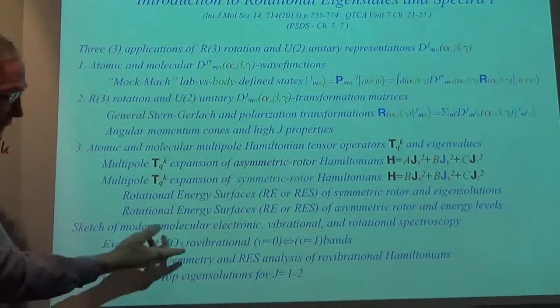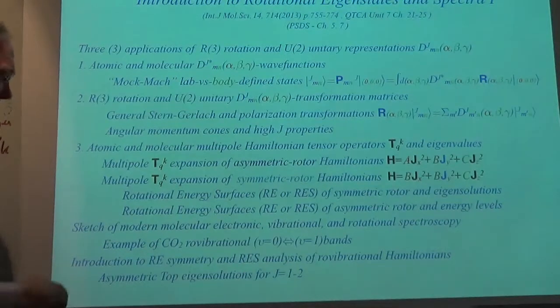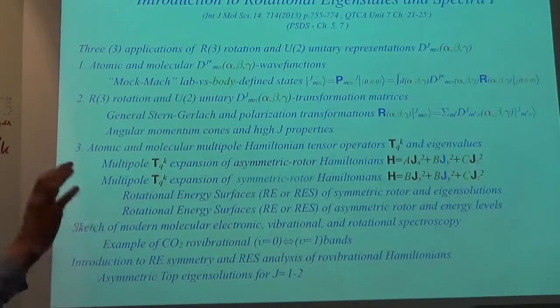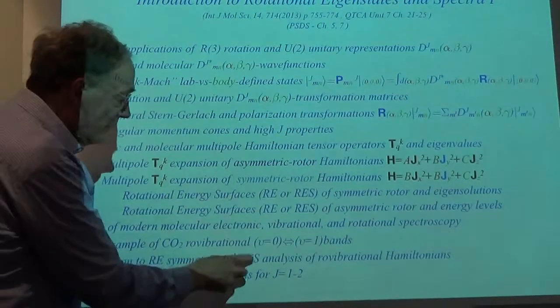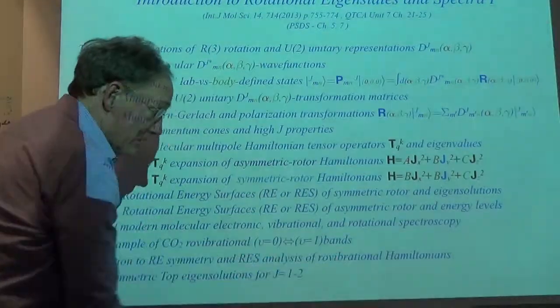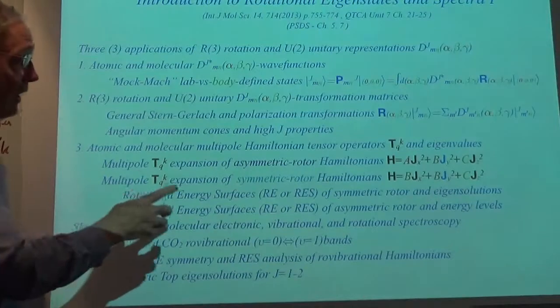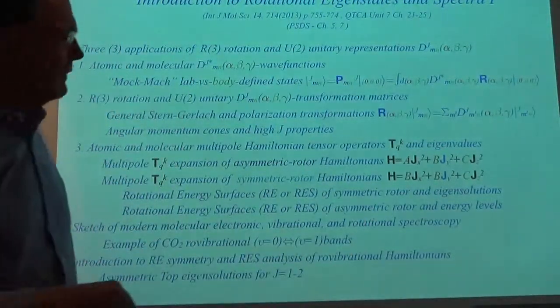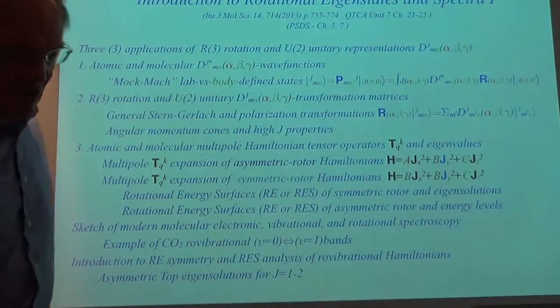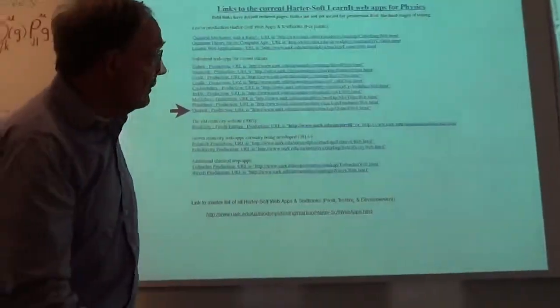And I'll give you an example of rovibrational spectroscopy, a way to view it geometrically. If we have time, we'll take on the rovibrational analysis a little bit of the asymmetric type. But that's probably going to be mostly for the 26th lecture. So let's get started here.